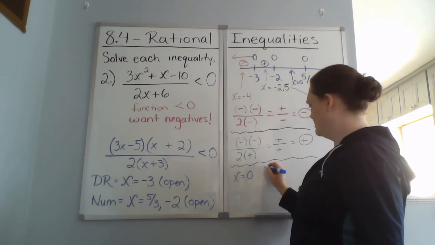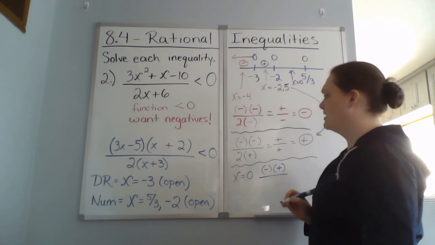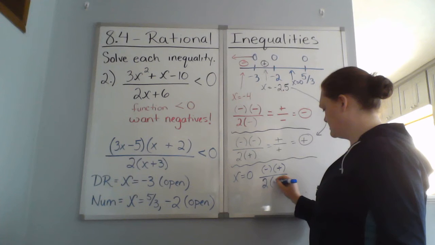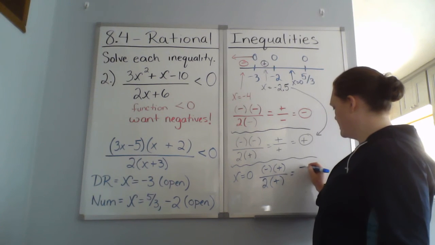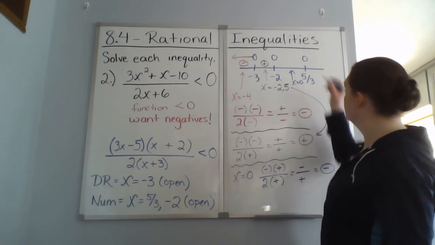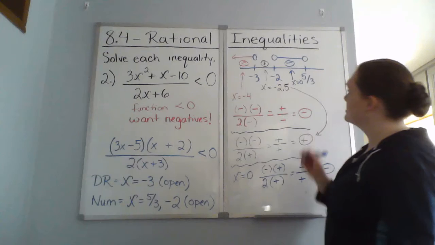So I'll get a negative times a positive divided by 2 times 0 plus 3 is a positive. So I have a negative up top, a positive on the bottom. That is a negative overall. This will be a negative. So I will want to keep that section right there.